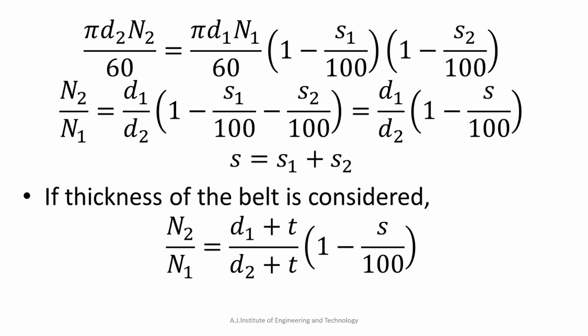That last term is very small, because slip is only a small value, so you can neglect that term. The remaining terms involve S1 and S2, and S is nothing but S1 plus S2.